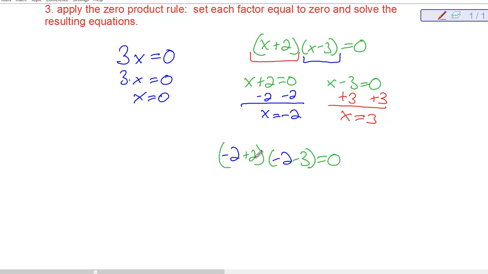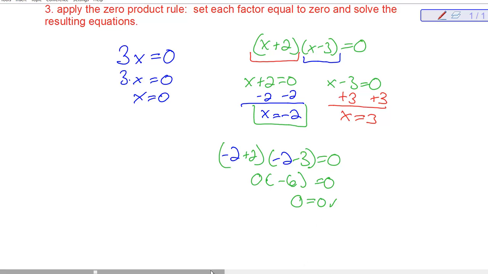Well, negative 2 plus 2 is equal to 0, and negative 2 minus 3 is negative 5. Well, 0 times a negative 5 is 0. So yes, this one works.